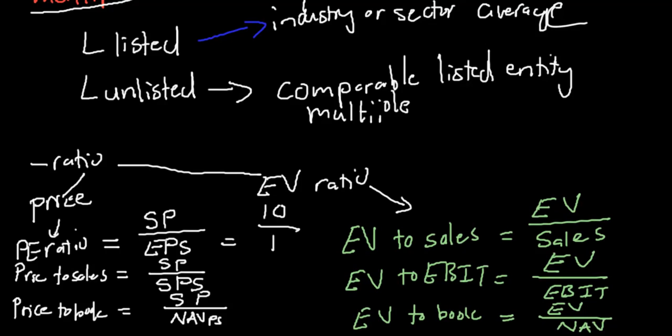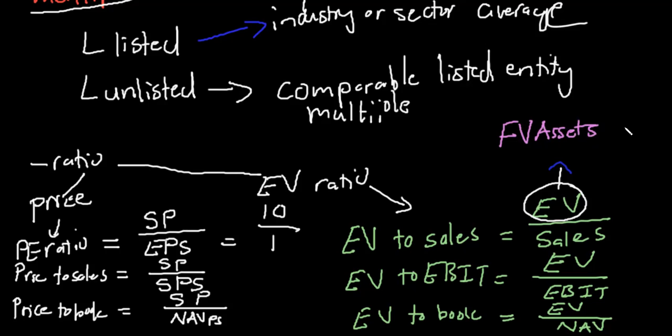Now, the first thing I want to draw your attention to is the concept of enterprise value. So, what do we mean by enterprise value, which is important from your perspective? Enterprise value is the same in this case as saying the fair value of the assets of a company.